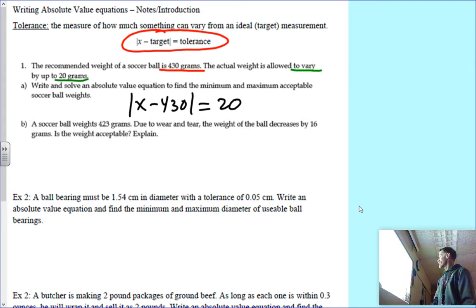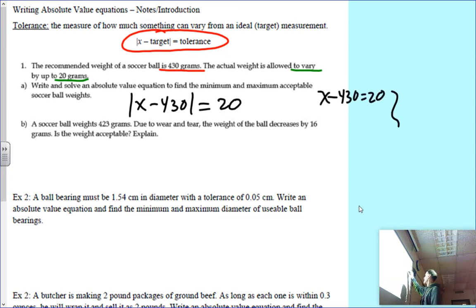Now to solve this, to actually find the minimum and maximum acceptable weights, you just solve what you have. If you remember from the previous couple of days, the absolute value is already isolated. So all we have to do is set up our two equations. x minus 430 equals 20 and x minus 430 equals negative 20.